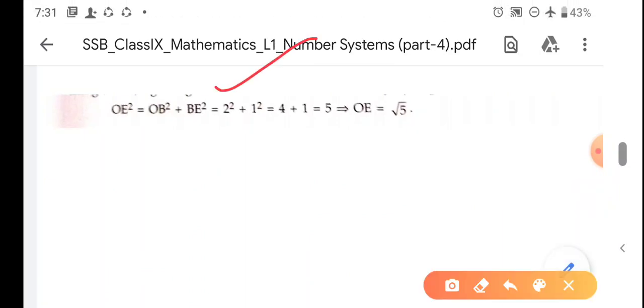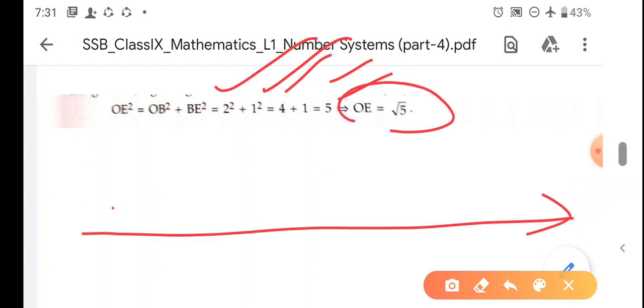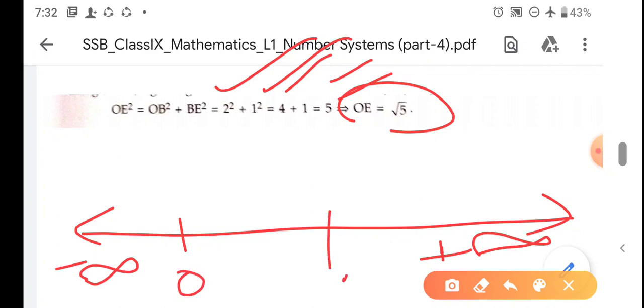Now if you want to prepare root 5, it is easy because 5 can be presented as 2 square plus 1 square. When you draw the hypotenuse, you will get root 5 very easily. Again take a number line, positive, negative, here 0, and this is 2 centimeter, so the base is 2 centimeter.